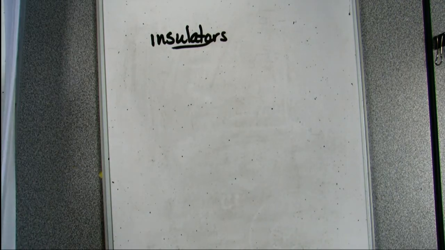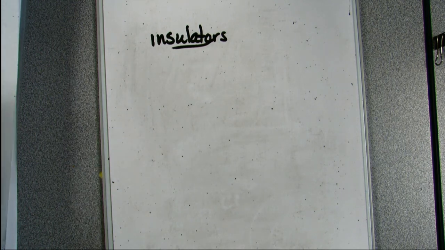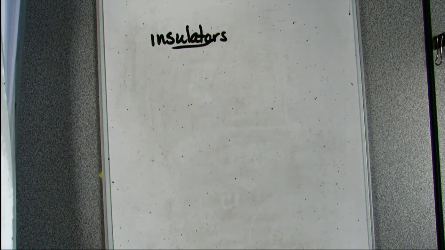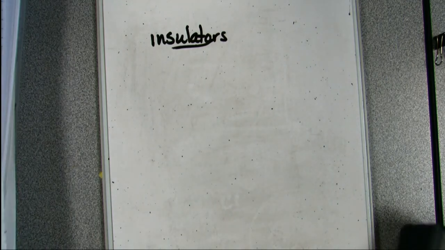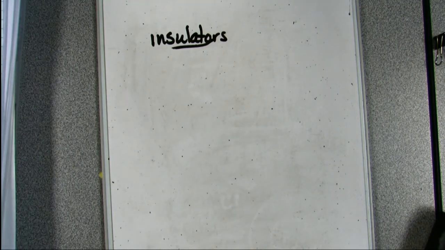And one of the things that's weird about water is if I have pure water, it is not a conductor. I actually have to have ions in the water in order to get conduction. Now, the reason that we are worried about water is because it's real easy to get ions in water.